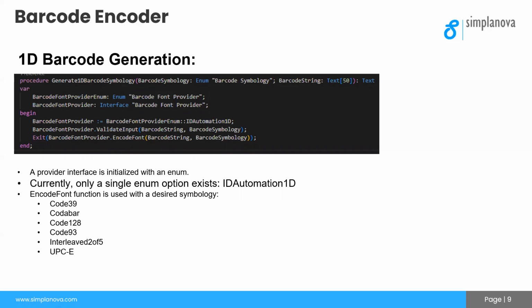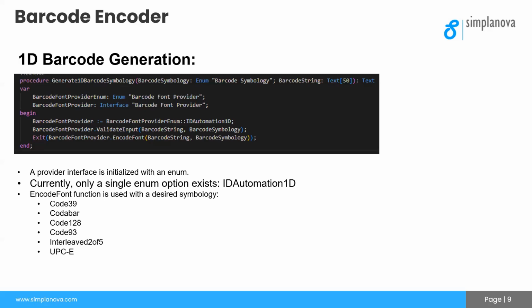Basically, this function takes a string, which is the barcode string property, and uses the barcode provider interface to, first of all, set up a provider, which is the algorithm that converts the barcode text to a formatted barcode format. Then you can encode the converted text into a barcode and return the converted string, which later can be displayed in a barcode font.